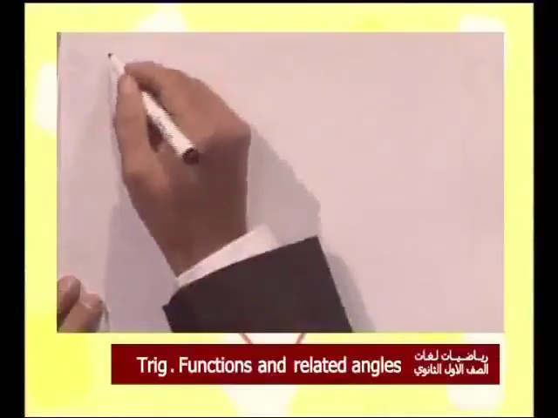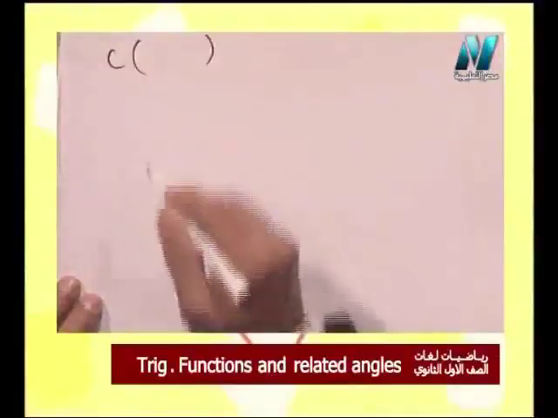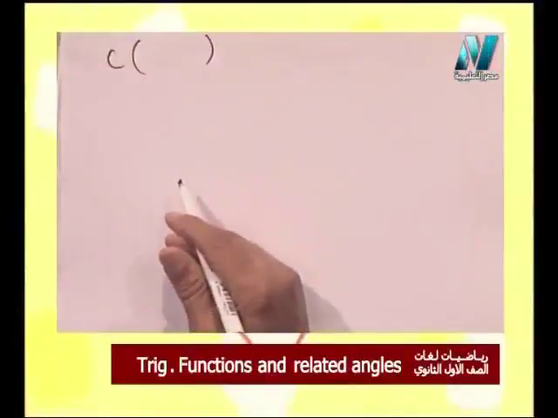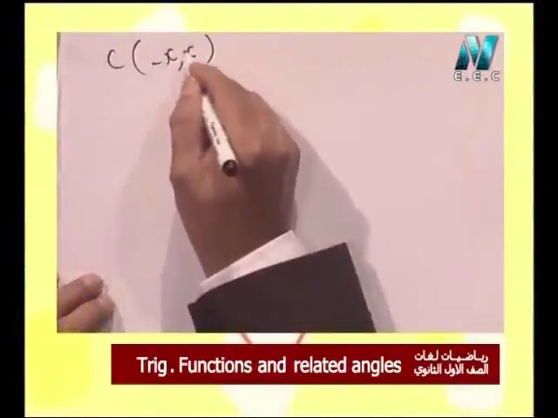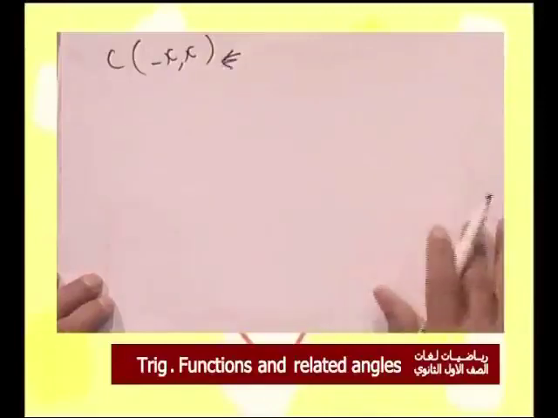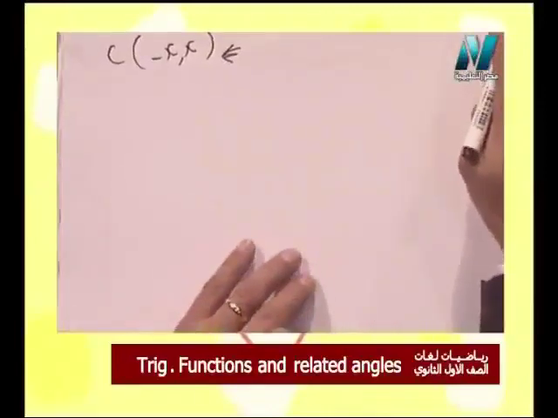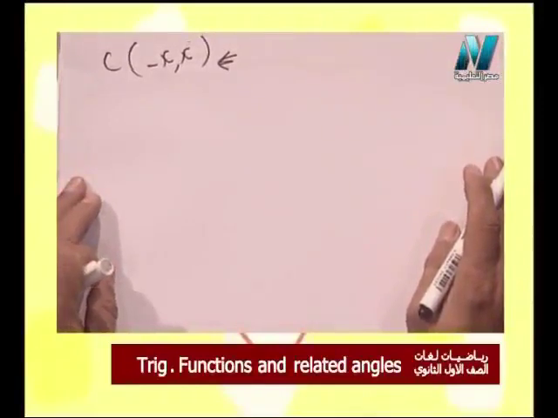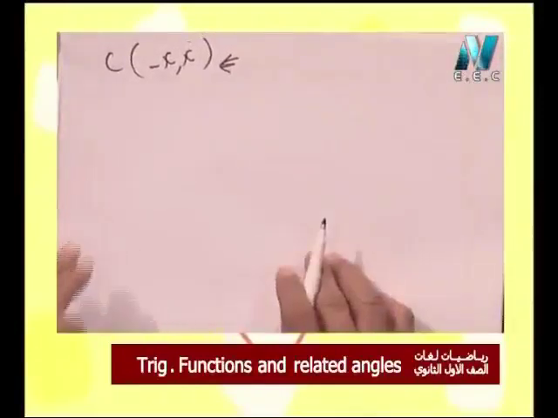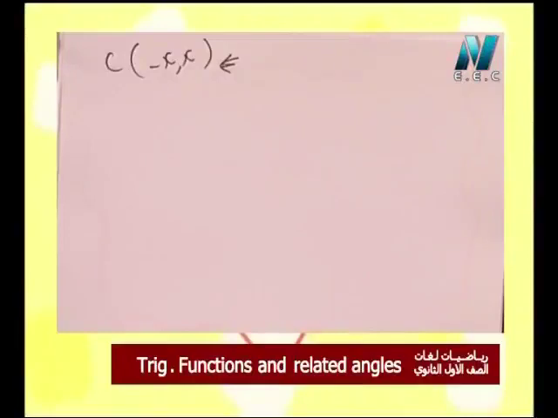We have another point on the unit circle, which is C, for example. We have negative x and x. This point, we agree that it is on the unit circle, and we want to find all trig functions here, which are sine, cosine, tan, cotan, sec, and cosec.